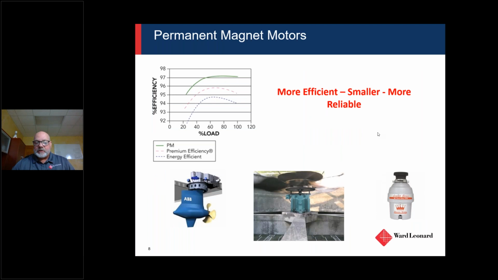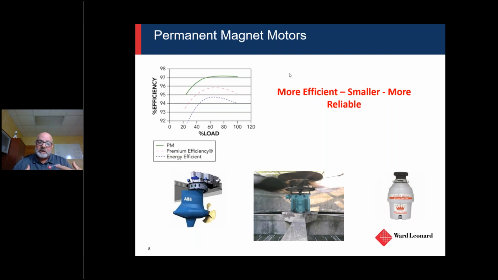The permanent magnet, we just talked about this earlier, but you can see the efficiency rating here as compared to other premium efficiency and standard efficiency motors. The permanent magnet really does just perform better, and it has a lot to do with the conductors, or the lack of conductors in there, and how close you can get the air gap and some other things.